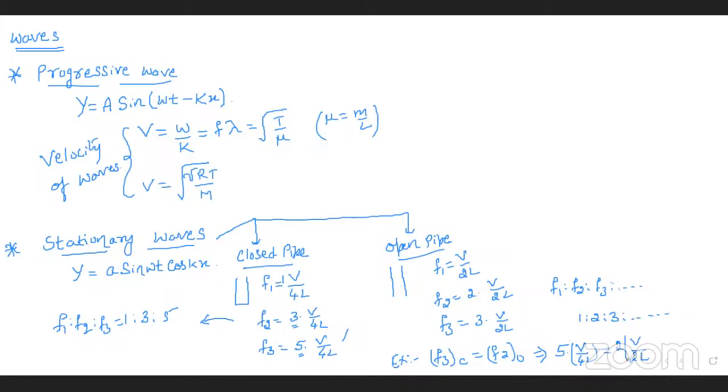It is 2 times. So 5 times of V by 4L is equal to 2 times of V by 2L. These are the two frequencies when they say that they are equal. So the problems may come from the closed pipe and the open pipe. You have to be very careful, students.